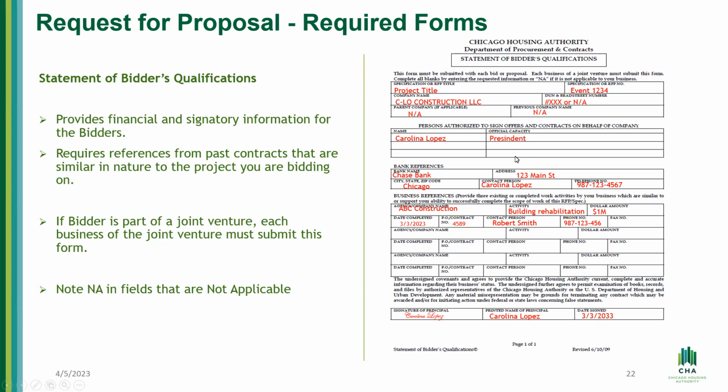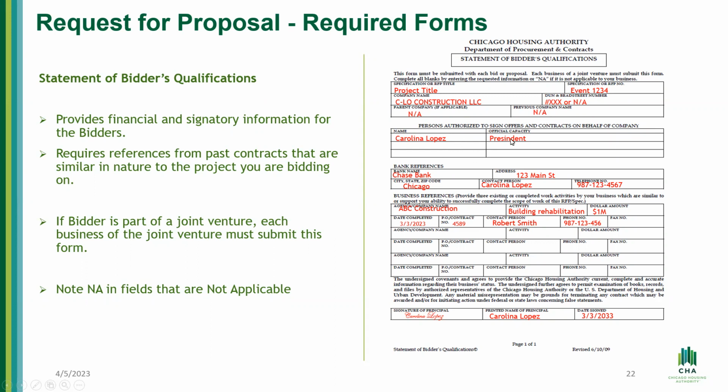Don't assume that a specific question is not applicable to you, because for us, for CHA, it is going to be a form incomplete. So it's very important to write NA or enter not applicable if some questions or fields are not applicable to you.